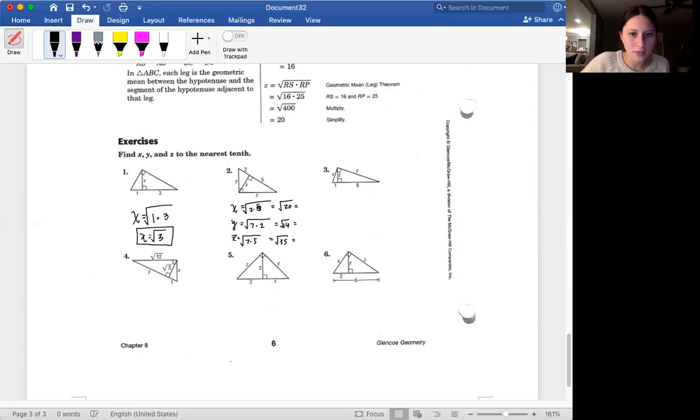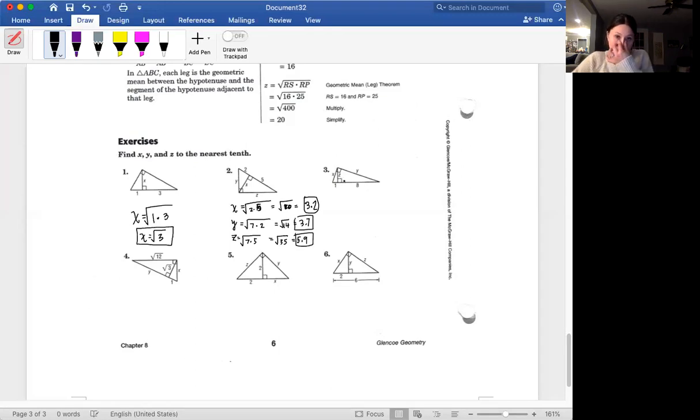I don't know where I wrote 10. This is 10 here. Typo, right? So 2 times 5 is 10. So square root of 10 is about 3.2. Square root of 14 is 3.7. Square root of 35 is 5.9. Those are the answers.